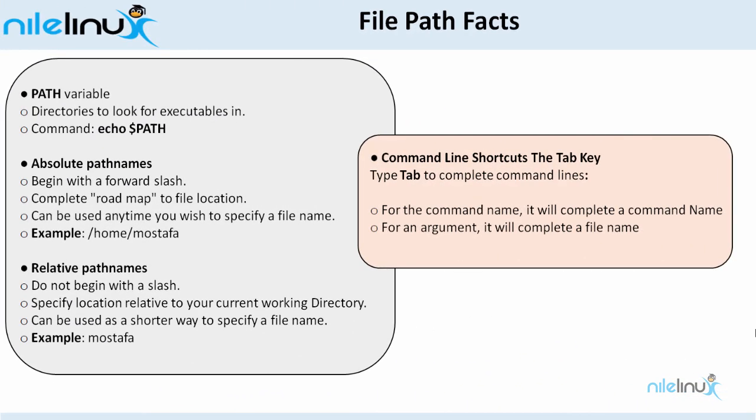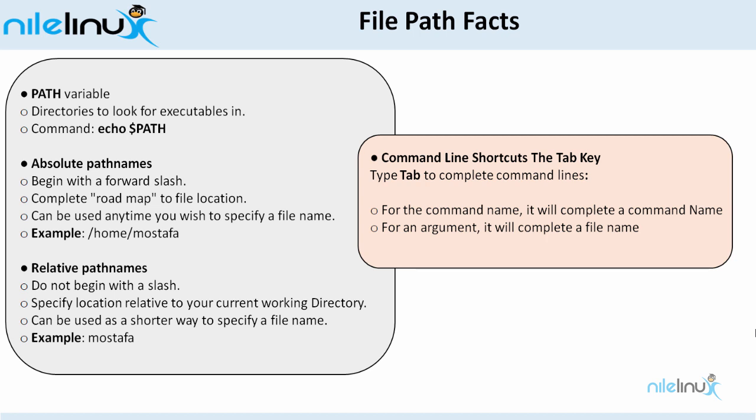To recap this session, to navigate into the file system, you should use the path concept. We have two path types. The first type is the absolute path, which is the full path starting with forward slash, like /home/Mustafa. On the other hand, we have the relative path, which is a path to the target file relative to your current working directory.